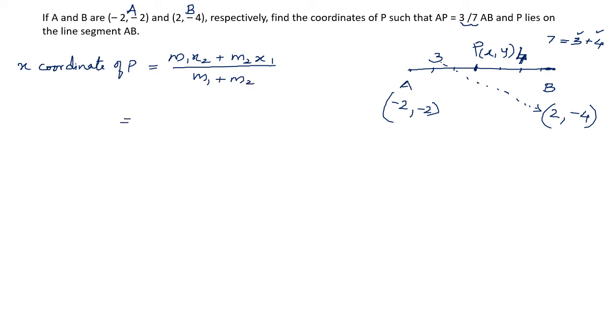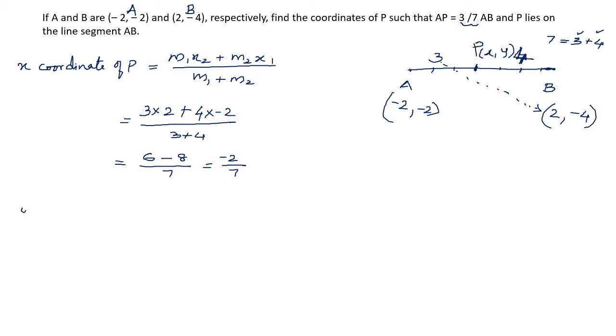That is equal to 3 into 2 plus, on the other side, 4 into minus 2 by 3 plus 4. So what will you get? 3 into 2 is 6, minus 8, that is minus 2 by 7. The x coordinate we got is minus 2 by 7.